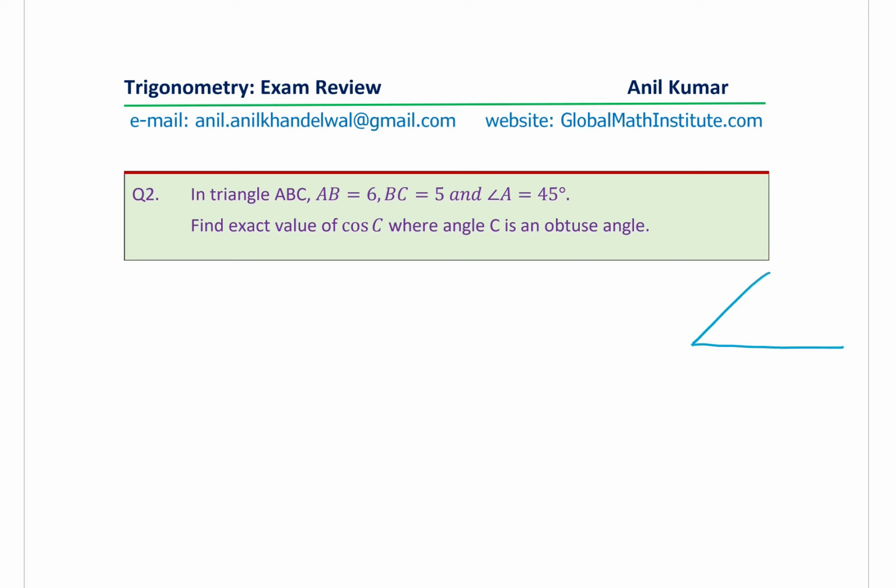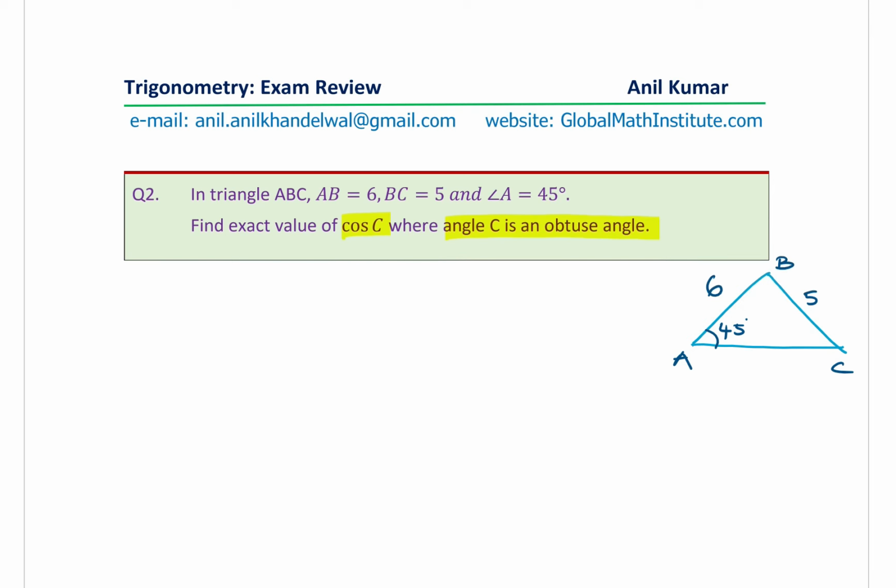Angle A this time is 45 degrees. Side AB is 6, BC is 5. And we need to find the value of cosine C, where angle C is an obtuse angle.